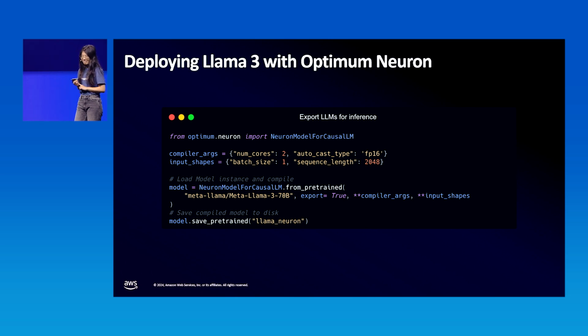I want to mention that although compilation is an unavoidable step, the Optimum Neuron team made quite some effort to make it more intuitive, faster, and more flexible. First of all, you can use a single liner here to compile the model by sending all the information in it. You can also use our Optimum CLI to compile the model as well.